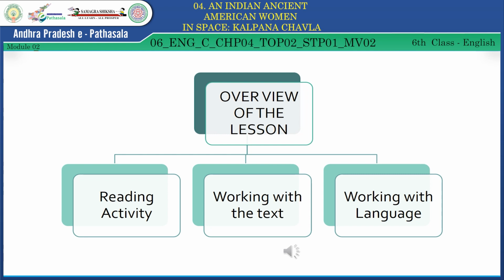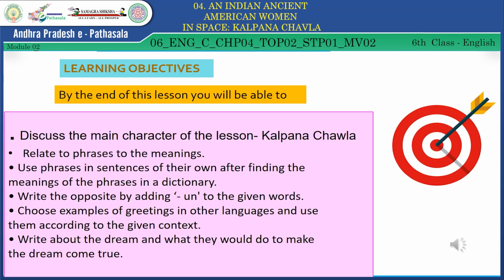Before entering into the lesson, let's know the learning objectives of this lesson. By the end of this lesson, you will be able to discuss the main character of the lesson, Kalpana Chawla, relate phrases to the meanings, use phrases in sentences of their own after finding the meanings of the phrases in a dictionary.